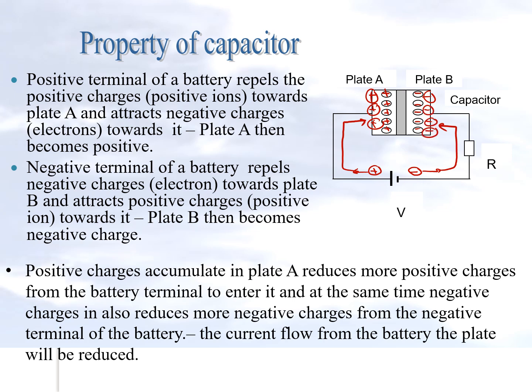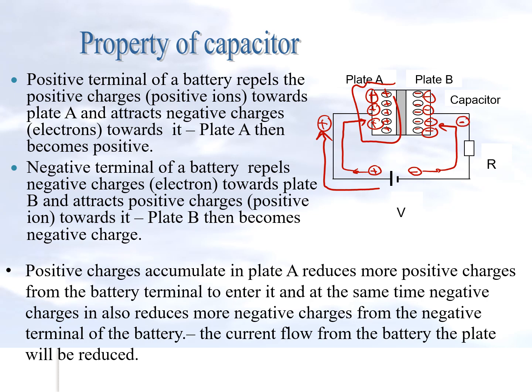But after some time I have enough charge, too many positive charges here. The battery is sending another positive charge, but now we know that like charges repel each other. So those positive charges on the side of the plate will oppose the flow of the positive charge coming from the battery, and likewise those negative charges on the other side of the plate will oppose those negative charges coming from the negative terminal of the battery.